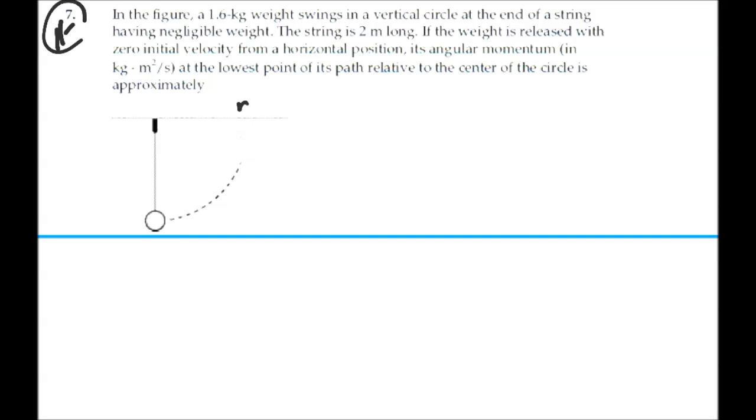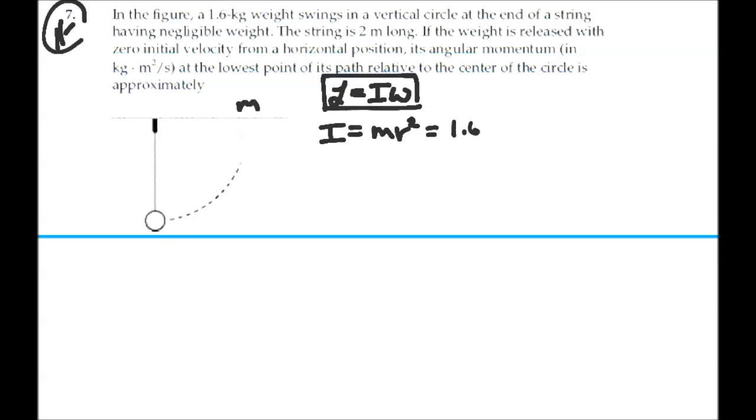Alright, so here's a mass, and ultimately we want to find the angular momentum. One way to do that is to find its moment of inertia and its angular velocity at the lowest point. So we can do that. Right away we can find its moment of inertia about the pivot point, and that is equal to mr squared for a point mass like this, and that would be 1.6 kilograms times the radius from that point, which is going to be the length of the string.